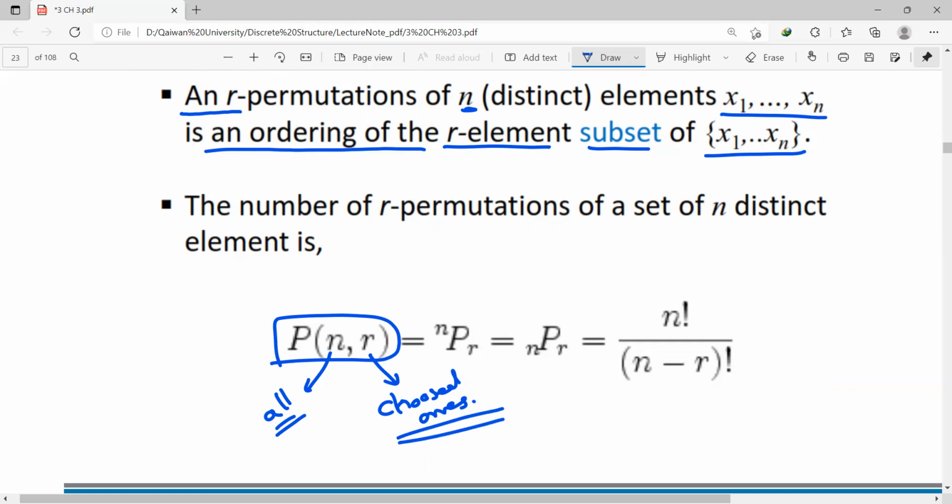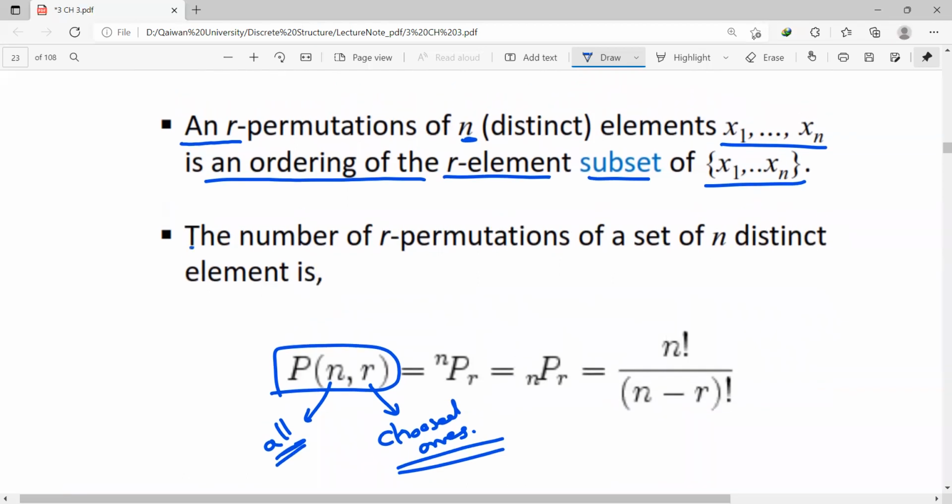For example, we say choosing three people among 10 people. 3 is R, and 10 is n, the number of all elements. Here we say the number of R permutations of a set of n distinct elements is this.